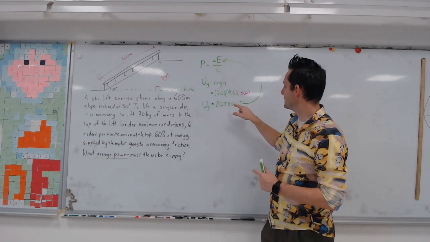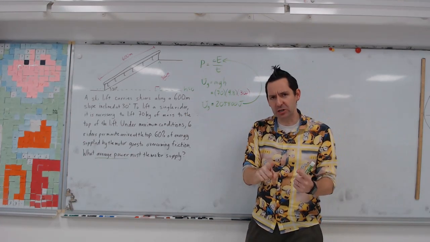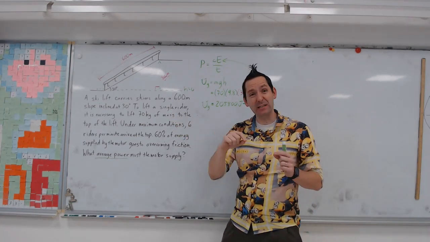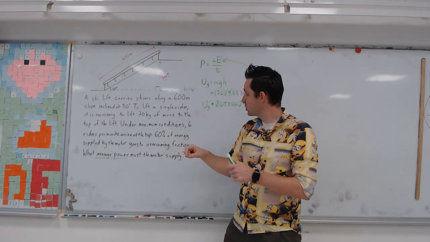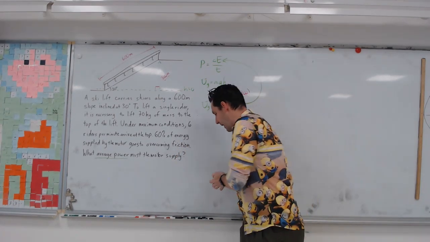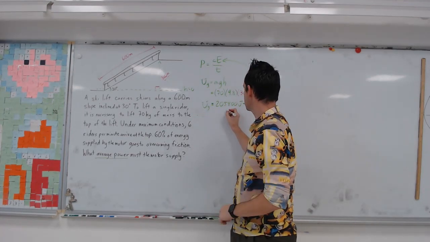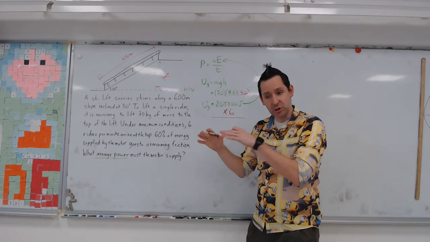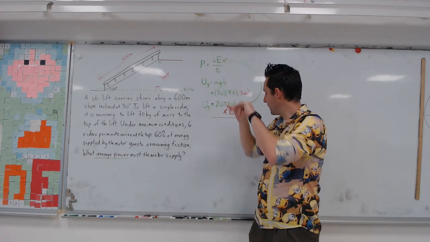Well, if this is the change in energy for one person, I don't have the time for one person, but I have the time for 6 people. So why don't we take this energy and multiply that by 6 to get the energy of 6 people, starting at the bottom and moving up to the top.